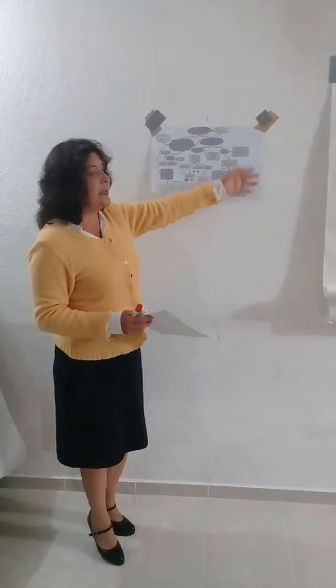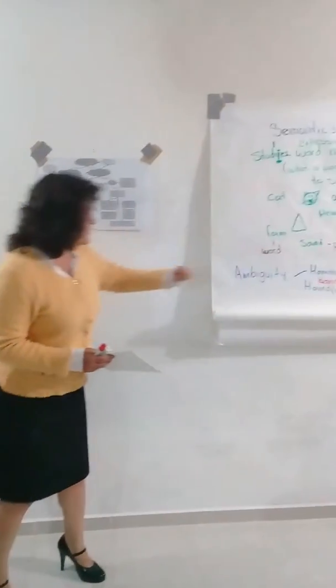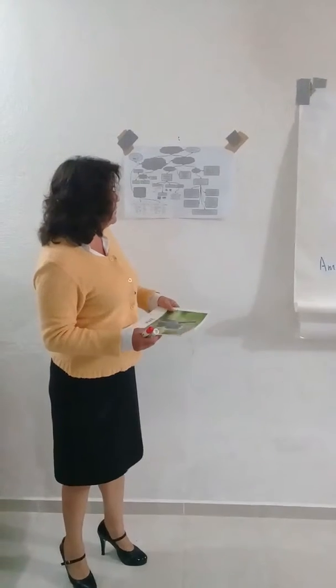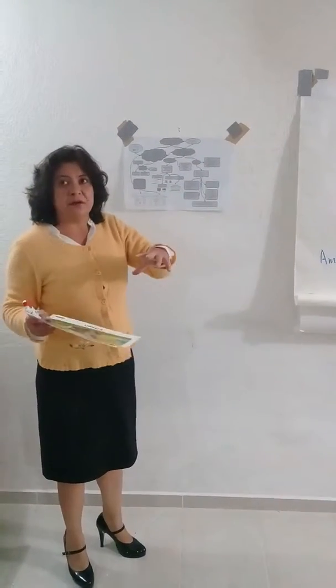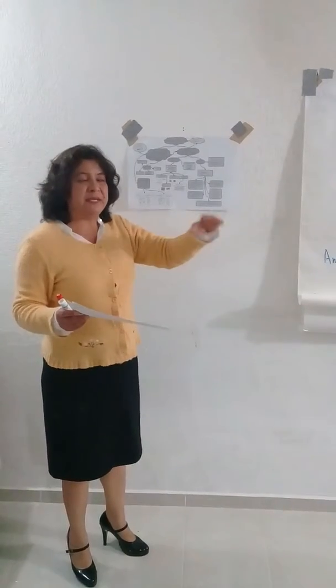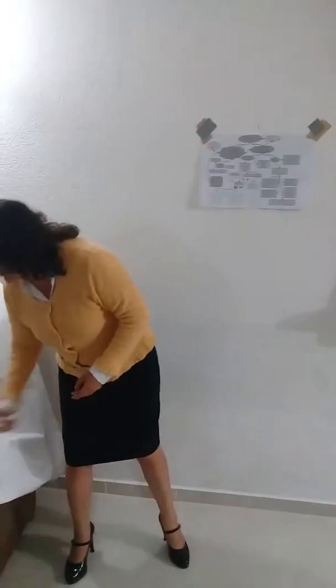Now, in the case of lexical semantics, it can have sense. Sense refers to synonyms of words, antonyms, hyponymy, and meronymy. For instance, synonym is a word that means the same.